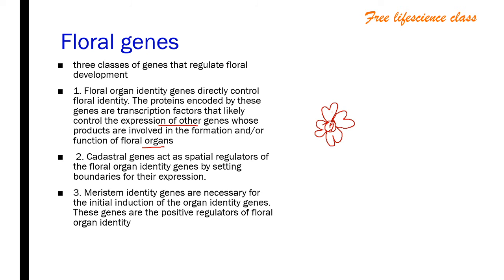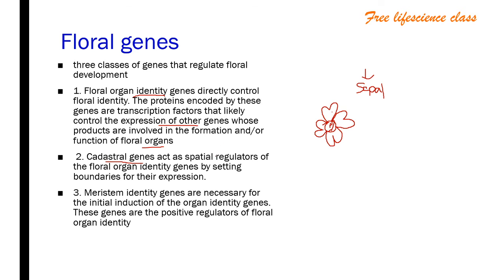For example, there are certain genes which will develop into sepals. Like that, there are several other genes that develop into carpel, petals, stamens, etc. So who controls the genes? These floral identity genes control the other genes.